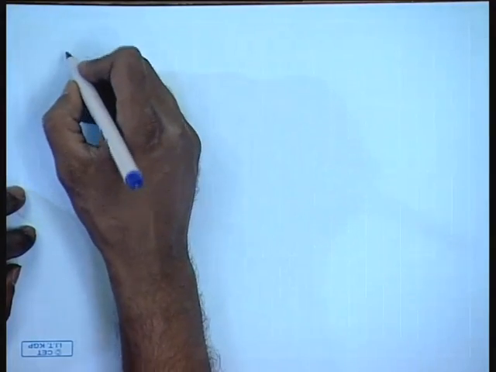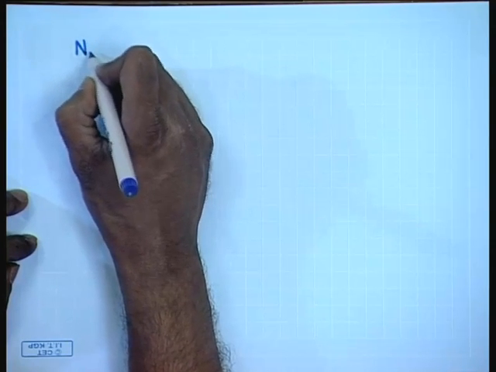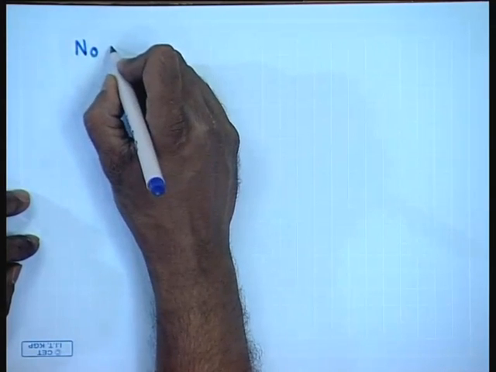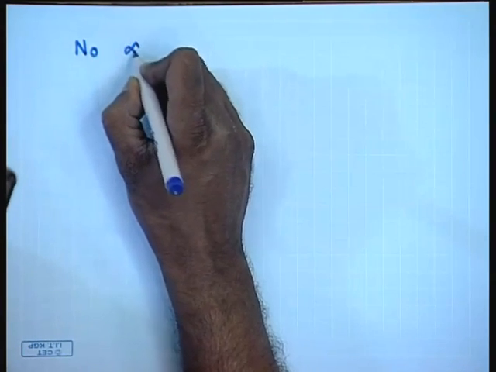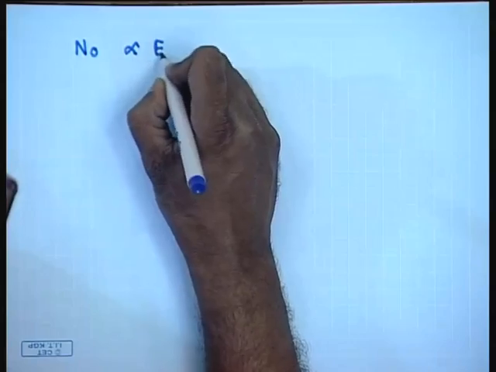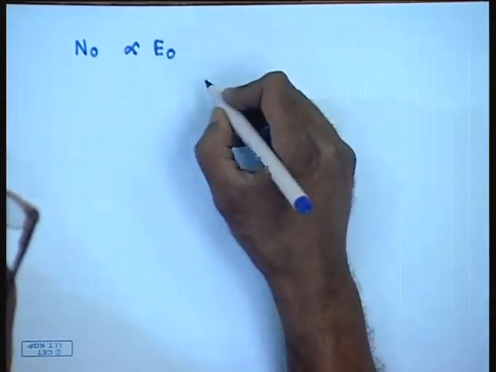So, what will be the no load speed? N0 is proportional to E0, because field current is same.